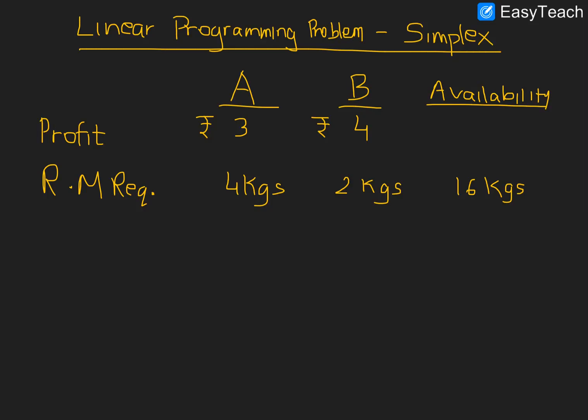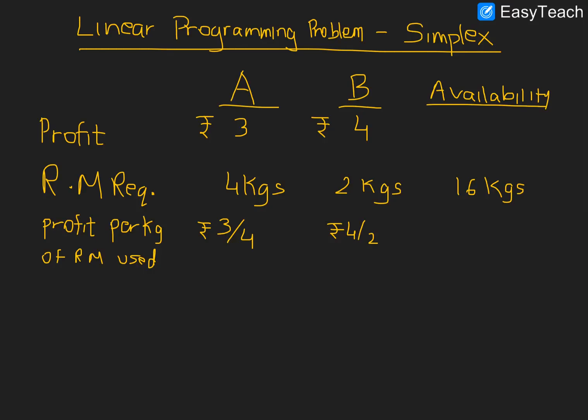So now the way to think about it is, whenever I'm having any constraint, I will simply say profit per kg of raw material used. So basically that will become 3 by 4, because it's 3 rupees and the raw material requirement is 4 kgs, so that's 3 by 4. Then for product B, it is rupees 4 by 2.